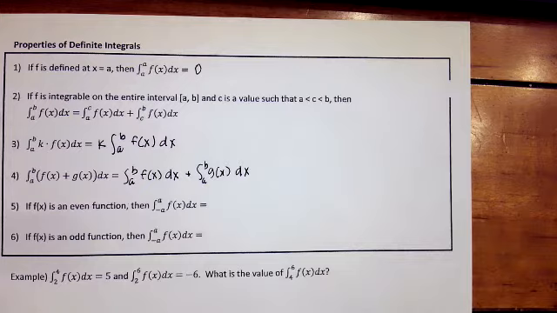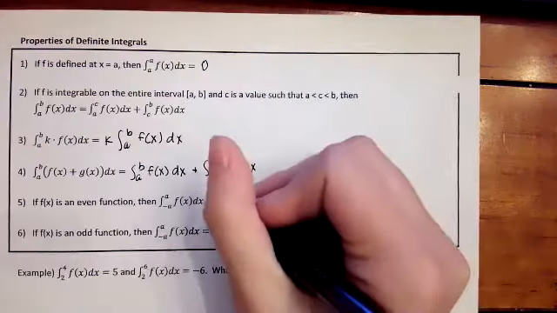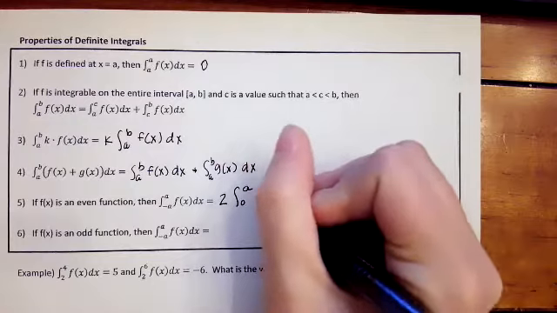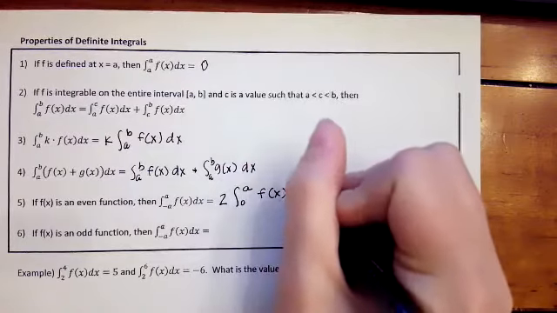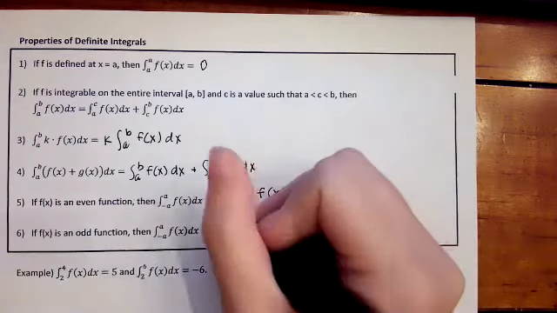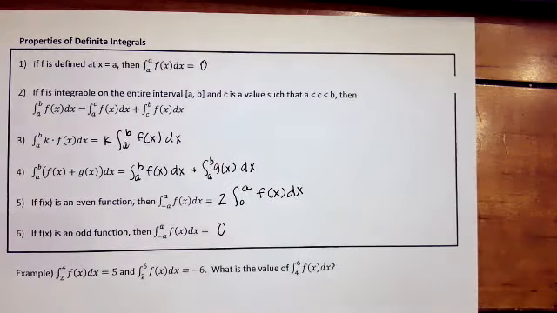When we have an even function, if we're going from negative a to positive a, then we really have 2 times our integral from 0 to a of f of x dx. However, if it is odd, then we have an area of 0.